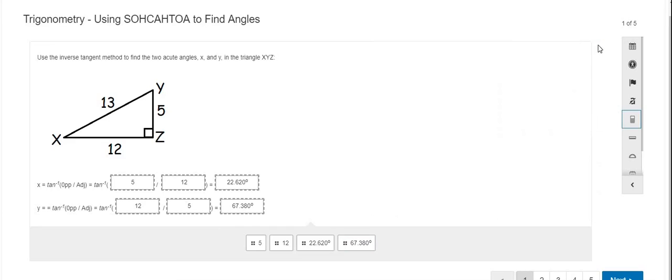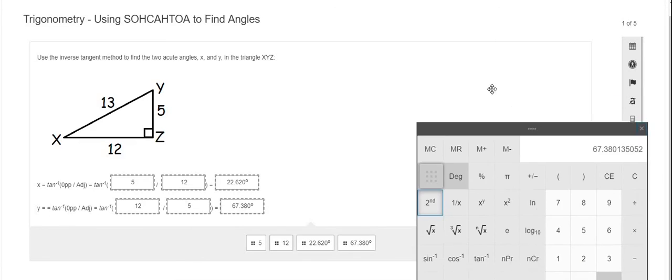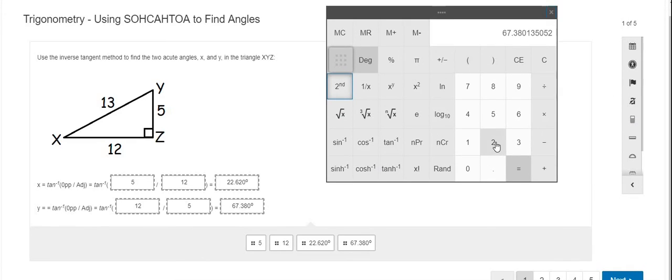One thing that tells me I know I've got the right answers here: let me bring back the calculator for a minute. If I add 22.620 to 67.380, I'm adding those two numbers, I get 90 degrees.